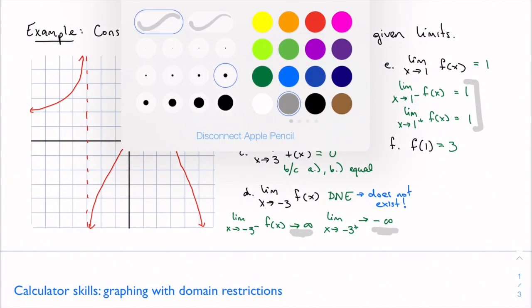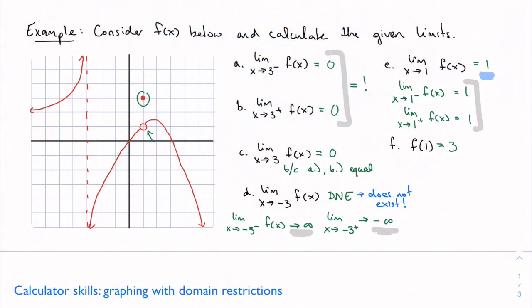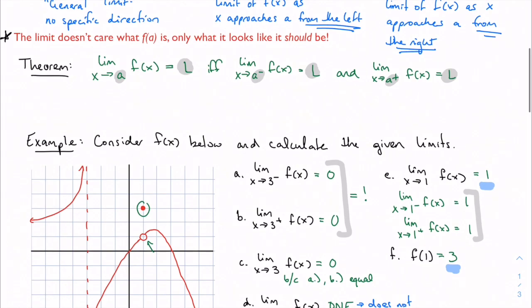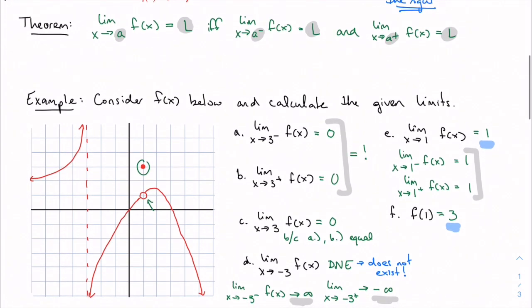Well, the reason I bring this up is to prove my point back up here, to say that the limit doesn't care what the function value is at that point, only what it looks like it's going to be. By all accounts, from either direction, from the left or from the right, the function looks like it's going to be 1. But the function says, nope, the function is actually 3.